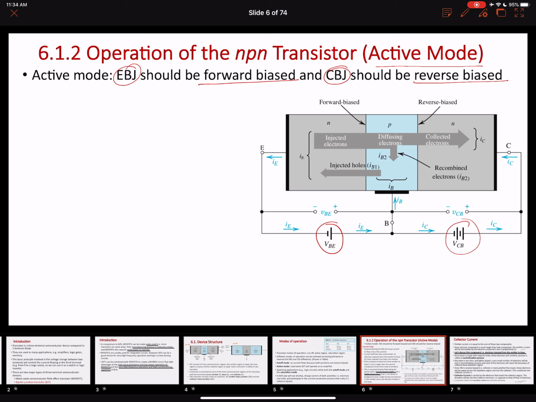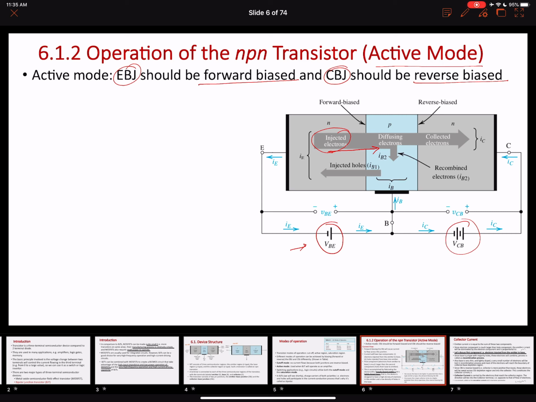When we forward bias the emitter-base junction, we have a lot of free electrons over here that will be injected from the emitter to the base region. Some of these electrons will combine with the free holes of the p-type material of the base and be lost in the recombination process.